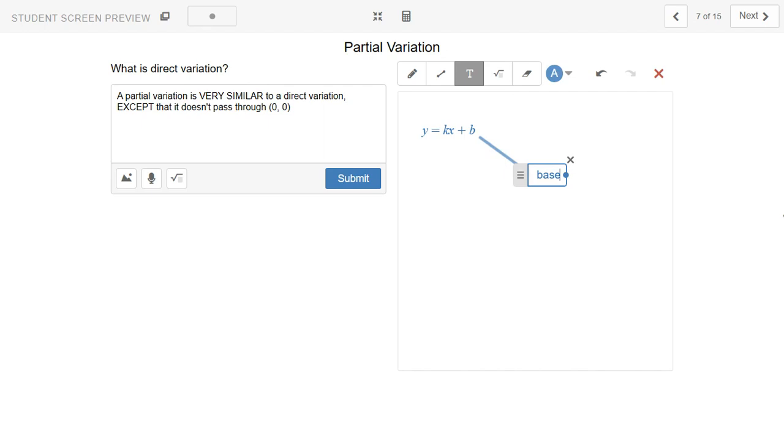Now the base, we had a base rate or we had a base volume that we started out with, and so we have to add it to the base. Kx, same, this is the direct variation. So we have our rate and we're multiplying it with our x value.